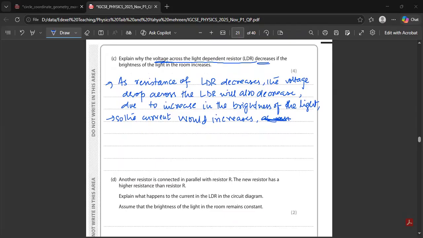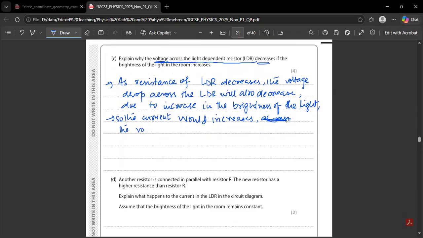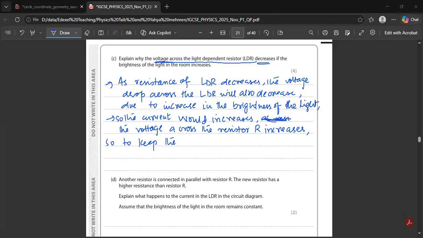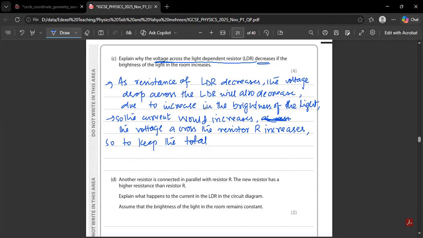So we can also include this point. The voltage across resistor R increases, to keep the total voltage constant.